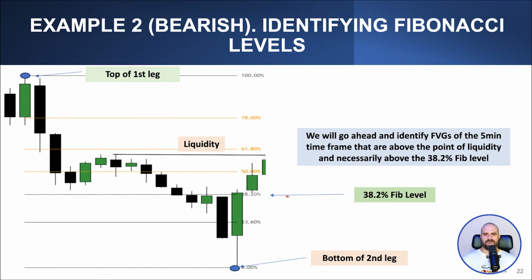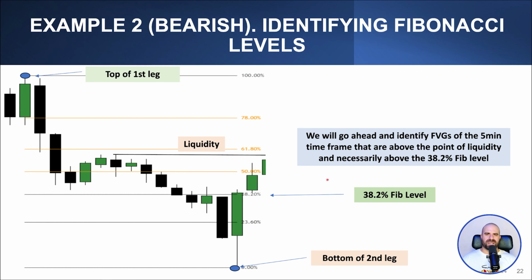So, what did we say? Here it is a little bit clearer because I have left the Fibonacci levels on top. We need to identify any fair value gaps, or all of the fair value gaps, from the first leg. This is your first leg, which means above the liquidity, and it must fall above the 38.2% Fibonacci level as well. So taking the Fibonacci level from the top until the bottom of those two legs, the FVGs should be above the 38.2% Fib level.